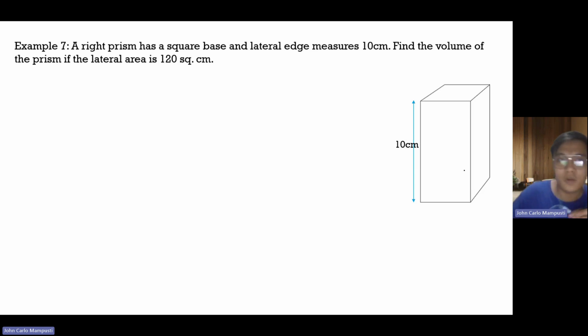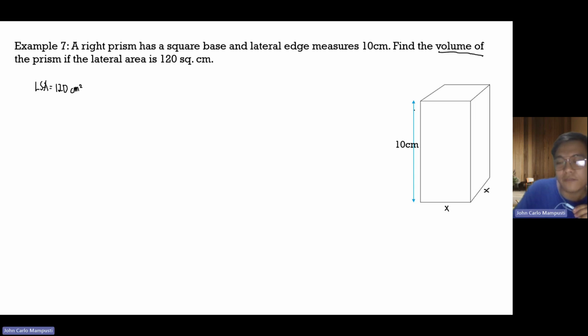So, find the volume of the prism if the lateral area is 120 square centimeter. So, this is x. Sabi dito, the lateral area daw is 120 square centimeter. So, LSA equal to 120 square centimeter. Okay? And we're going to find the volume.